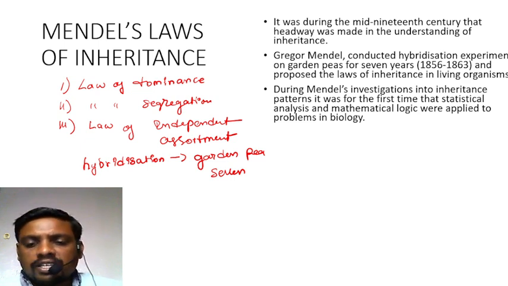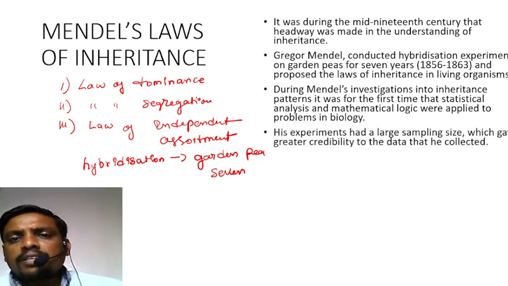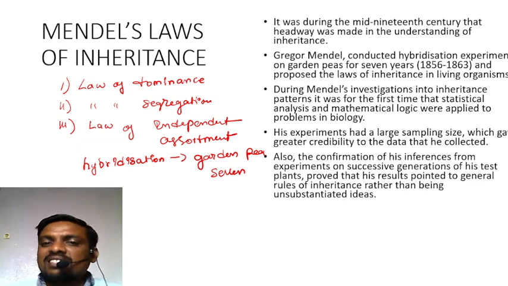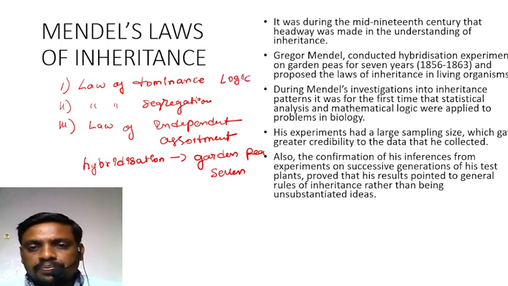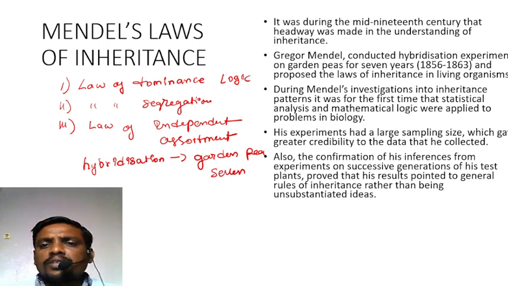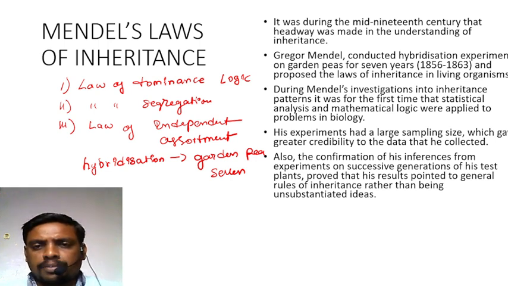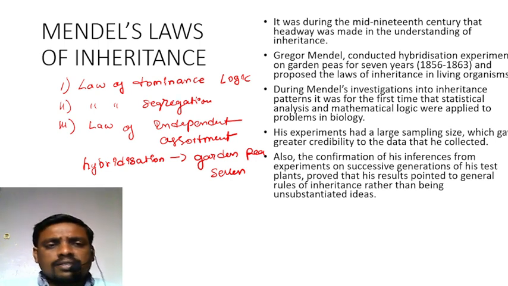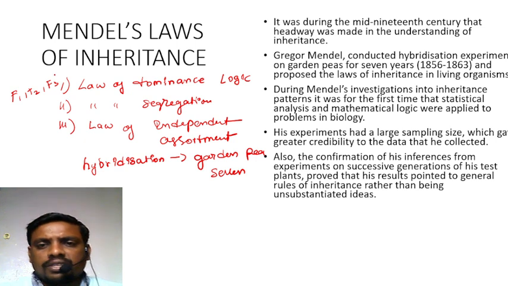During Mendel's investigations of inheritance patterns, it was the first time that statistical analysis and mathematical logic were used to understand the inheritance process, and to confirm his inferences from the experiments. He noticed successive generations, the F1, F2 and F3 generations.